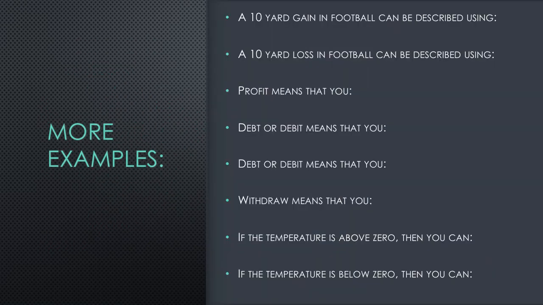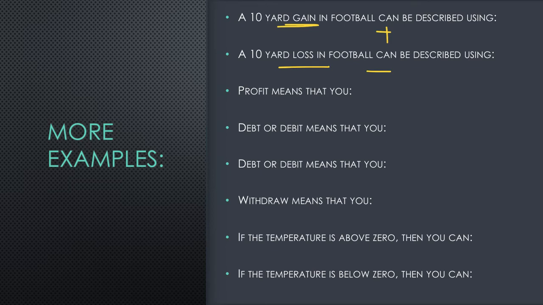And some more examples. A 10-yard gain, that gain is a big hint. In football it can be described using positive numbers because we gained some yards. A 10-yard loss in football means we lose yards, so we're going to work with negative numbers, right?